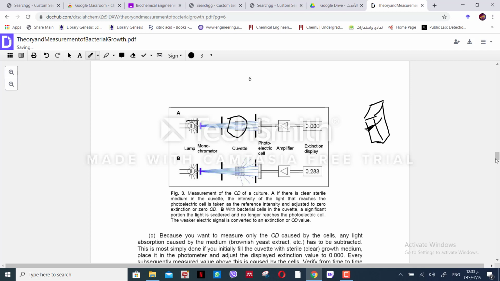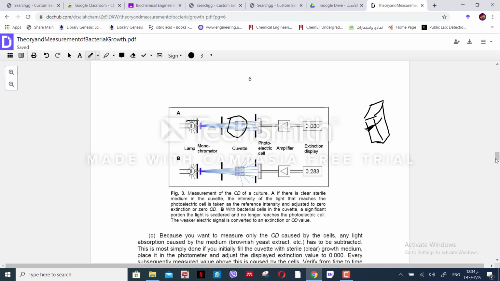So when light comes, here we have a blank solution, or we can use a different solution as I'll explain later. So with the blank solution here, we turn it to 0, then put in our cuvette which contains cells. When light comes to the cells, they will scatter the light, and only the light that passes through will give us the number of optical density.